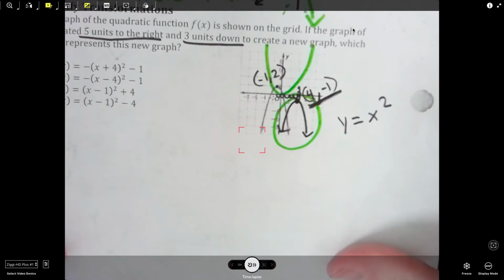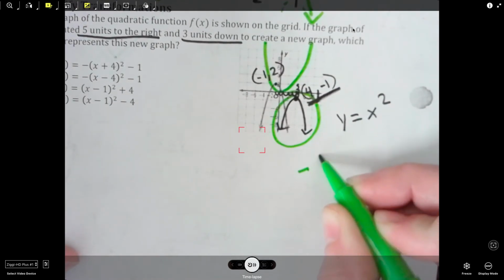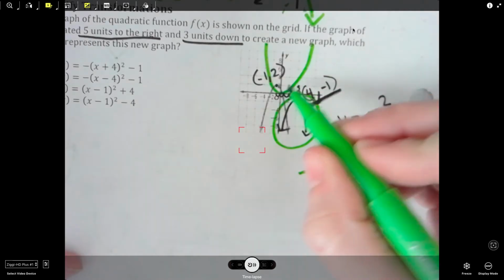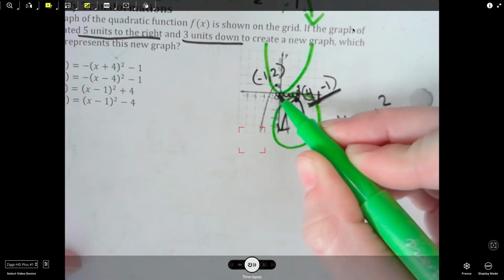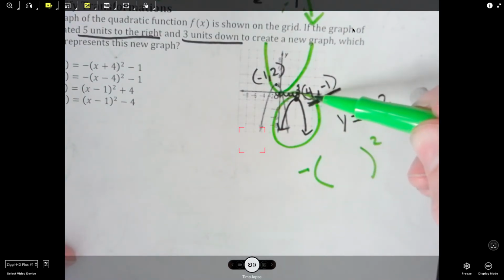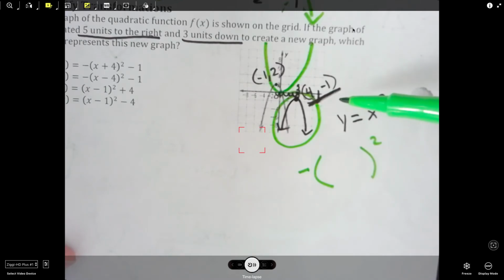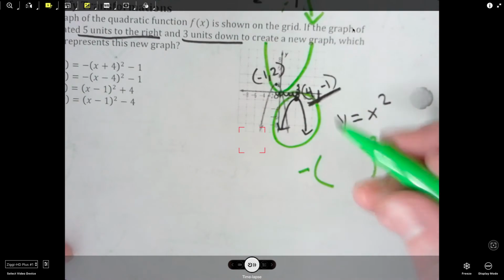You've reflected it across the x-axis, right? So we need a negative out in front. Okay? But then after we reflect it, we've shifted it how many to the right? From 0, 0, though, we've only shifted it 4. From the original, we've only shifted it 4 units. Do you see that? What's 4 units to the right look like?